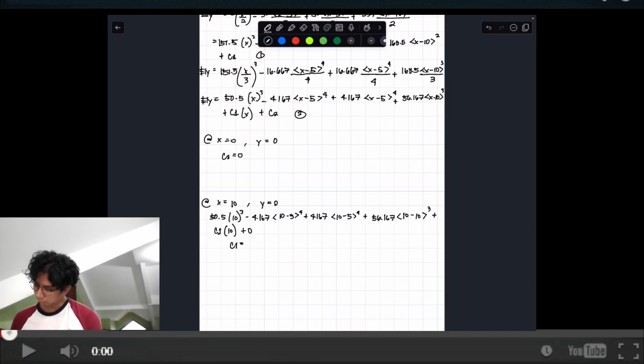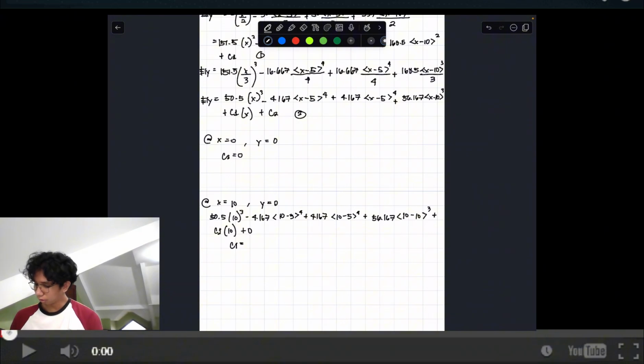Minus 4.167 multiplied by (10 minus 5) raised to the power of 4, copy, plus 4.167 (10 minus 5) ulit raised to the power of 4, plus 56.167 multiplied by (10 minus 10) cubed, plus C1 multiplied by 10 plus 0.